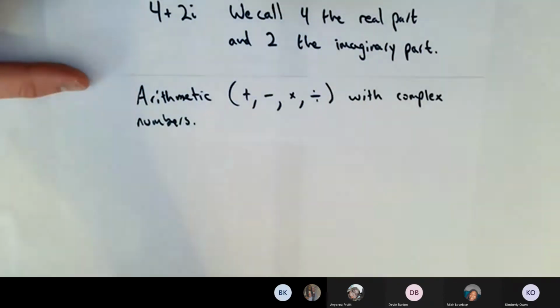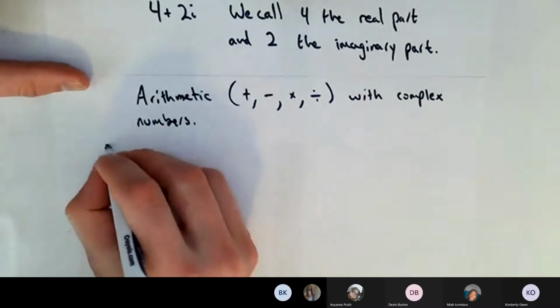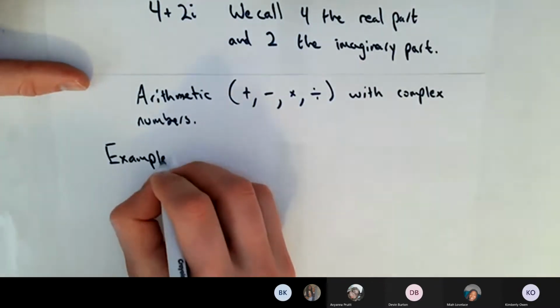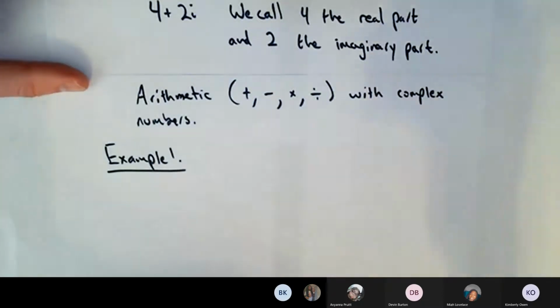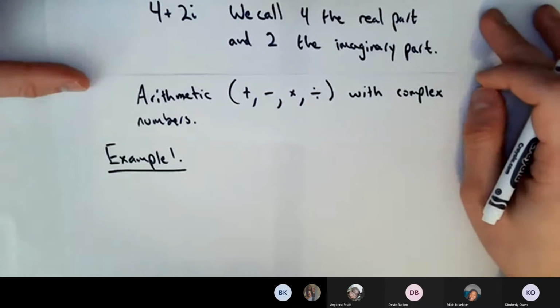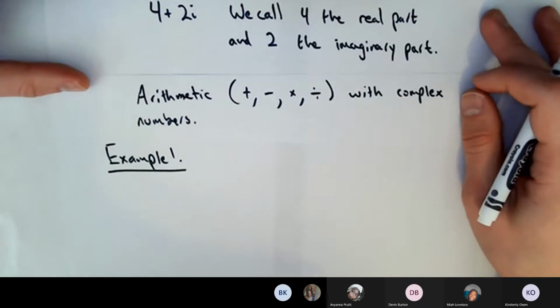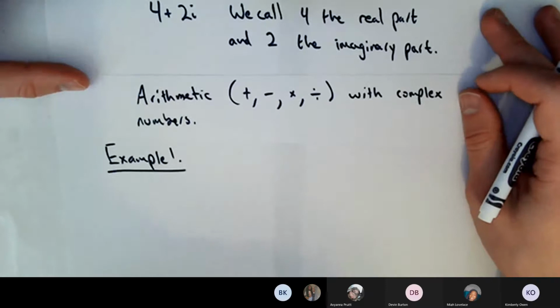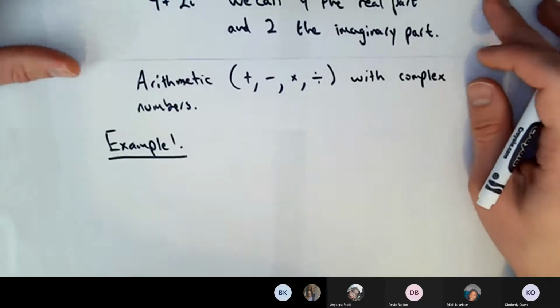All right. And I'm just going to run four examples. We'll do one of each. Actually, we will skip division because, wait, should we? Yes, I think we will. We'll come back to it if we have time.